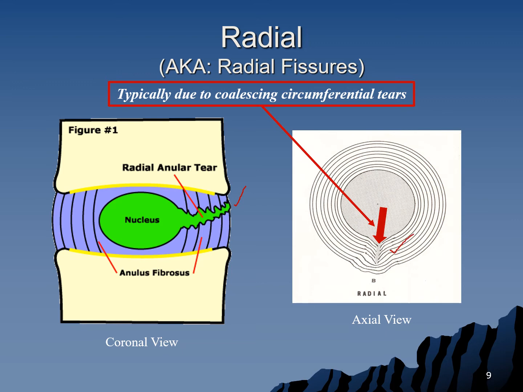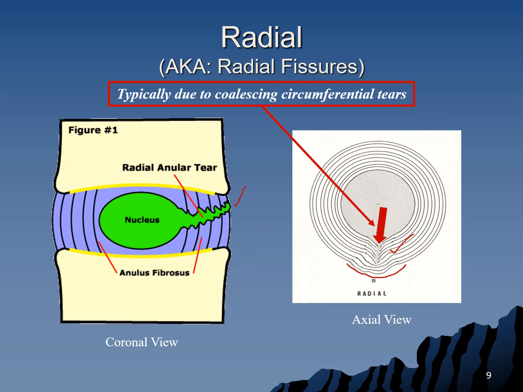And of course, this one is still contained, because you can see there's about 4 annular layers that are still containing that nuclear material. But nonetheless, the disc is bulged, and that is going to trigger a response to the sensory guardian of the disc, which is the sinovertebral nerve, and that is going to be recorded as pain.